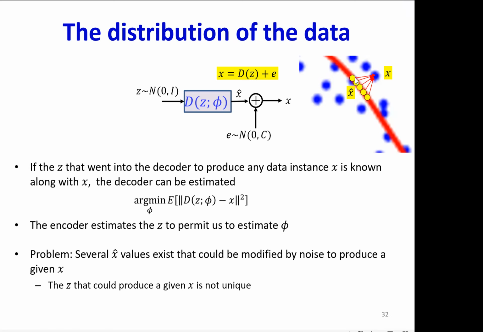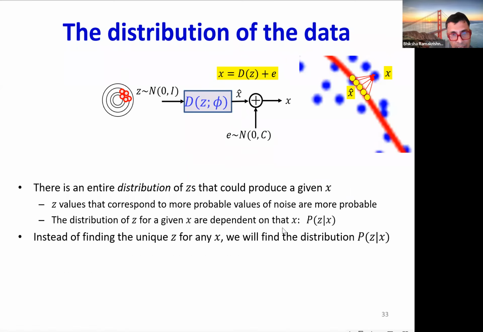The model says that you're adding some uncorrelated noise to X hat. The problem is there are many different X hats that can give you a particular X, depending on the noise. So the relationship is no longer unique. All of the X hats that could have resulted in this X are different z's in the input space.